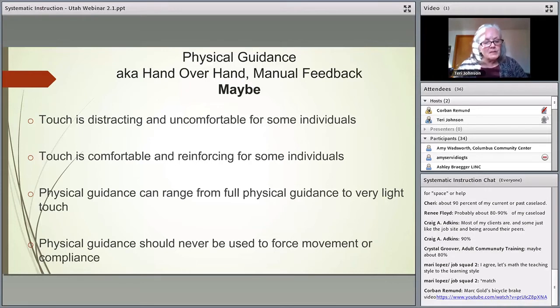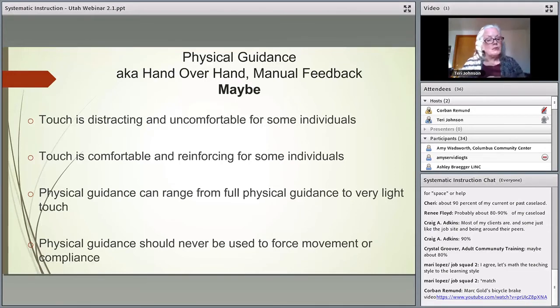Physical guidance, another thing to keep in mind, can range from full physical guidance, where literally you've got your hands over someone's hands and you're giving them information about how to use their hands or fingers, to a very light touch, which might be a touch on the shoulder or a touch on the wrist or touch in some way, giving information.